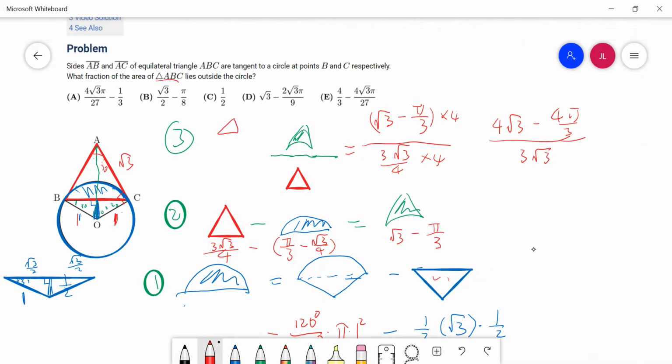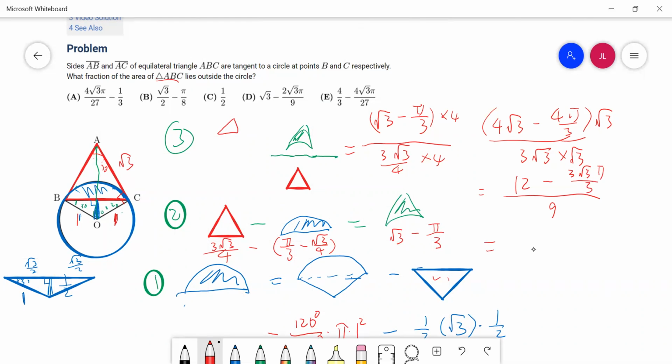So we still need to simplify. Multiply by square root 3. The bottom goes 3 times 3, which is 9. The top is going to be 3 times 4, that's 12, minus 4 square root 3 pi over 3.